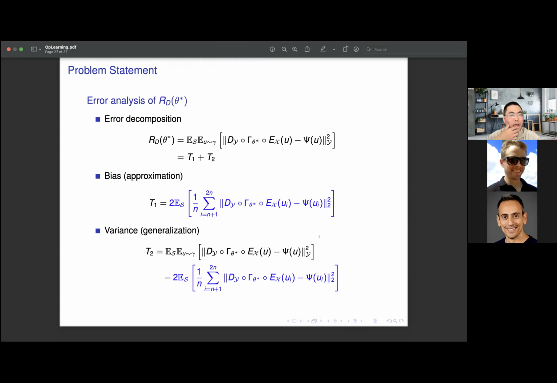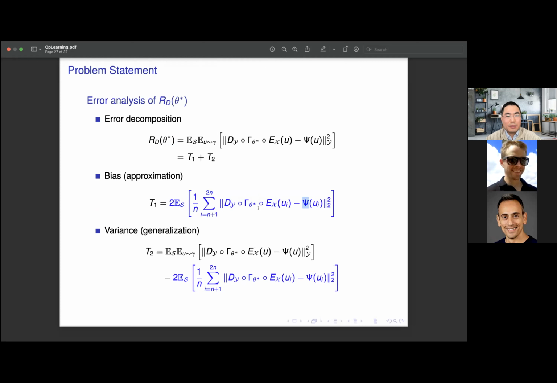So we apply the typical variance and bias decomposition in statistical learning to decompose the target error into two parts. The first part is called the bias part, and it can be bounded by analyzing how well a neural network can make sure that the composition here can approximate an operator.